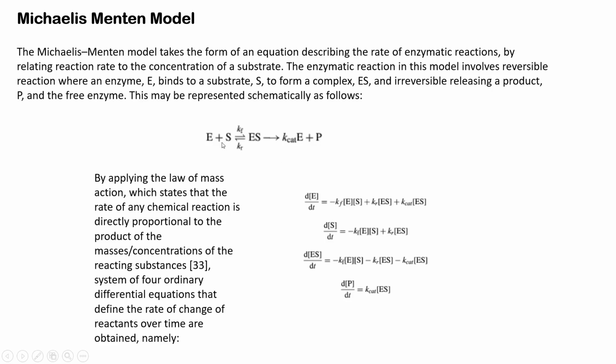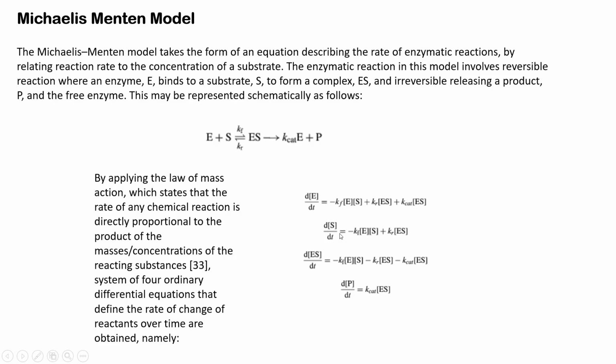So from here also E is coming back, and also this ES is giving back the enzyme with the product. This rate is known as kcat. This is the catalyzation rate, so this is also added to this ODE.